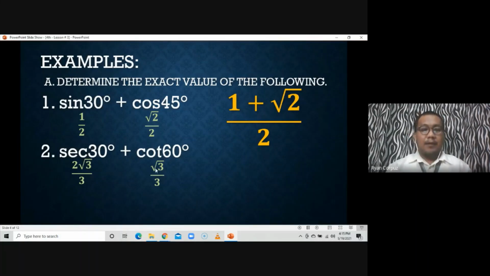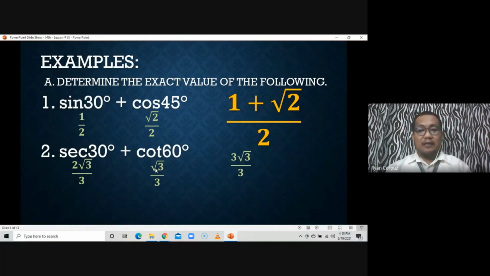then copy the common term. Diba, when we add expressions with the same term, we are just going to add first the numerator, then copy the common term. So that's what we are going to do. So that would be 3 square root of 3 over, copy the common denominator, 3. So we'll come up with 3 square root of 3 over 3.